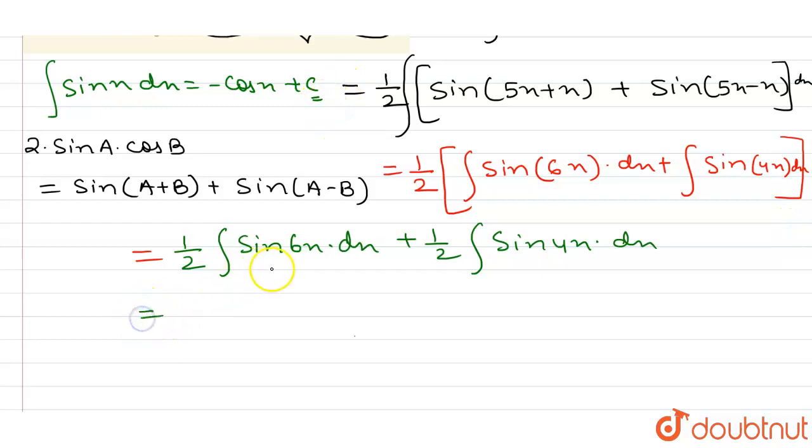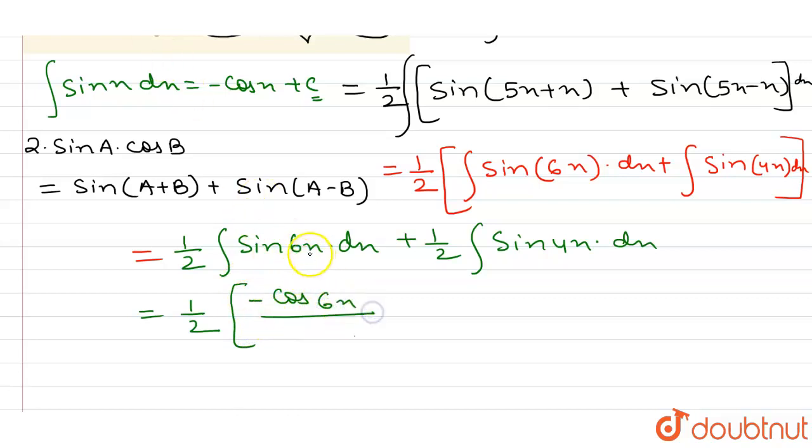So for the integration of sine 6x, we have 1 by 2, and the integration of sine x is minus cos x. Similarly, the integration of sine 6x is minus cos, and in place of x there is 6x, so I write here 6x.